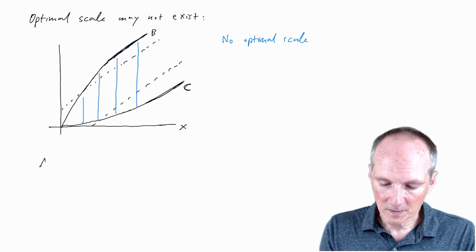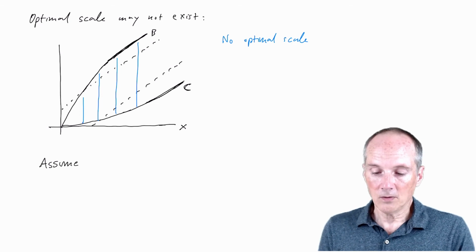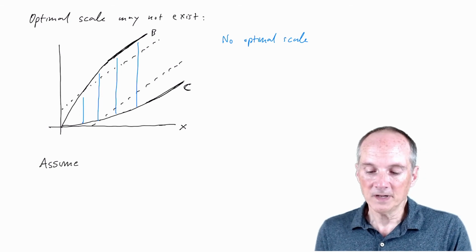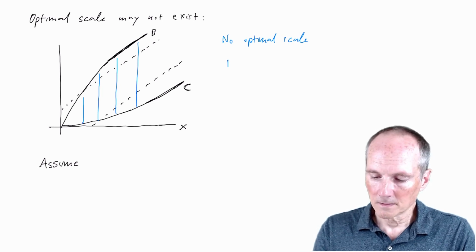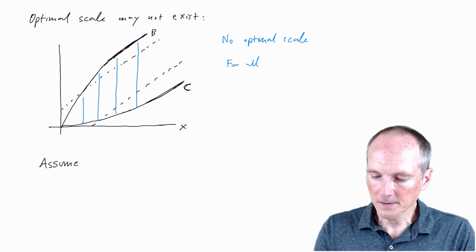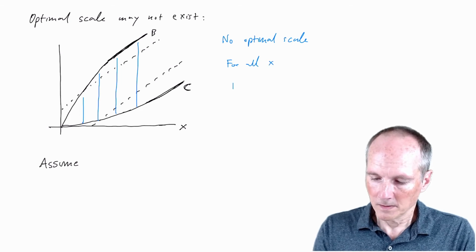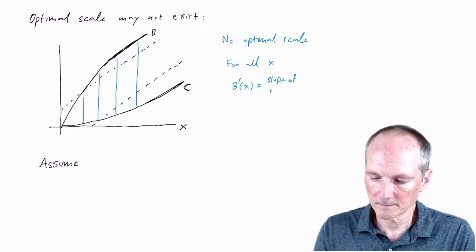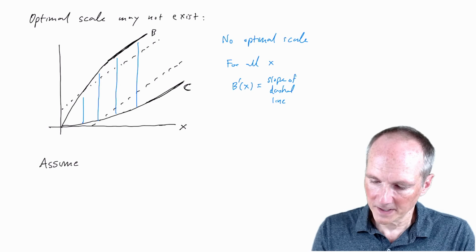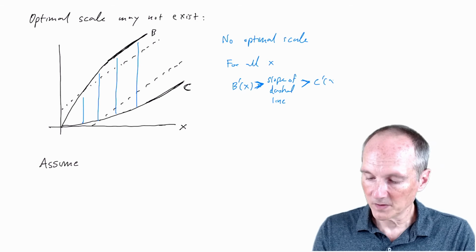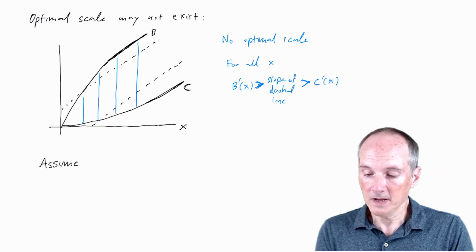The problem here is that for all x, the marginal benefit is greater than the slope of the dashed line, which is greater than the marginal cost. Okay, that's what's driving the problem here.